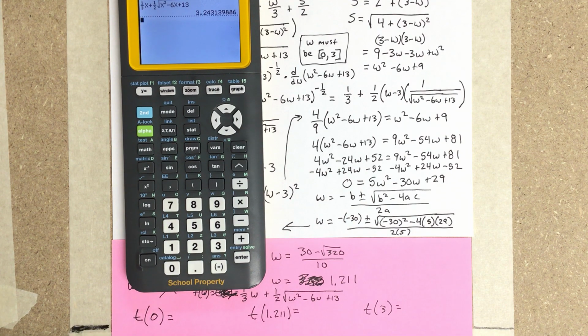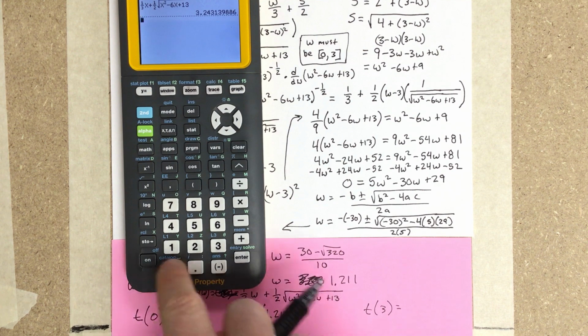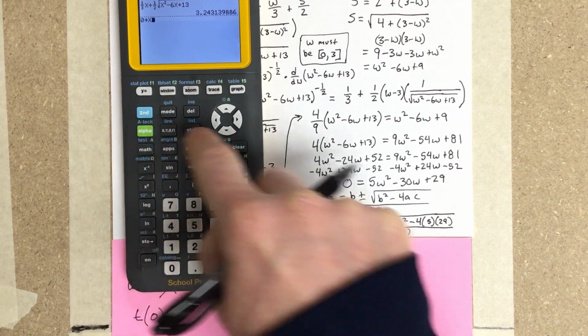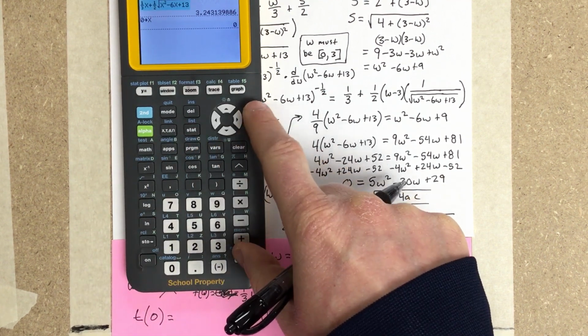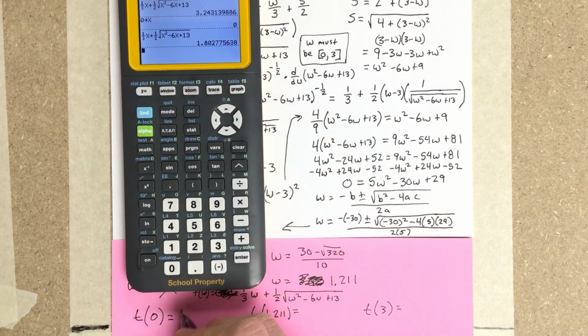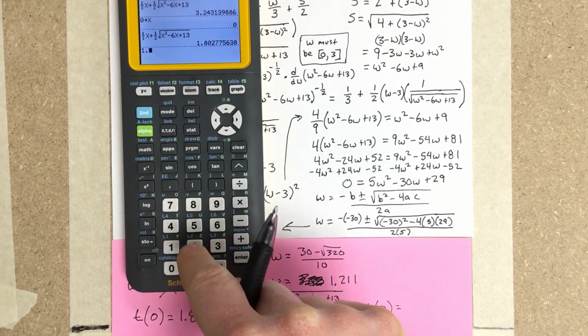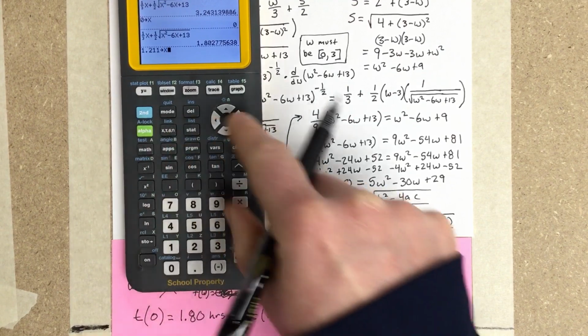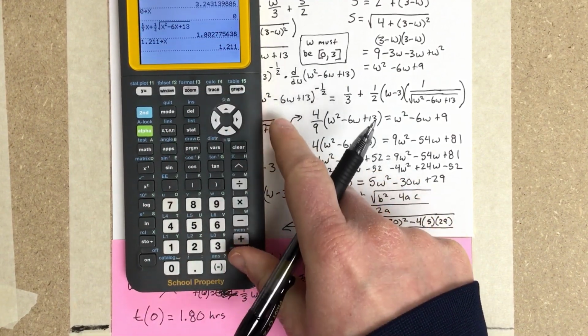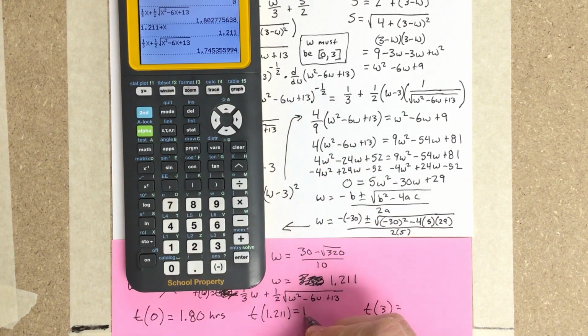Okay, that equation's right. Then I plug in 0, store it as X. This is 1.8. We're going to say 1.80 hours. Let's do 1.211 now, store as X. Okay, that's 1.75 hours. So that's smaller, so 1.80 is out already.